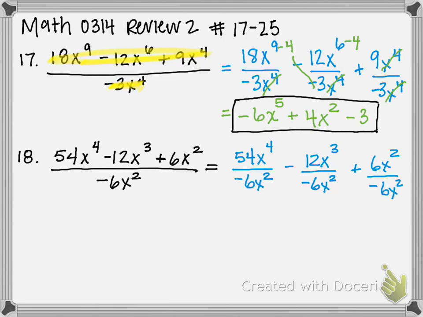So a question I get asked a lot that I didn't address in number 17 is, where are these signs coming from? So this minus sign is coming from the minus sign that was in front of our 12x cubed.